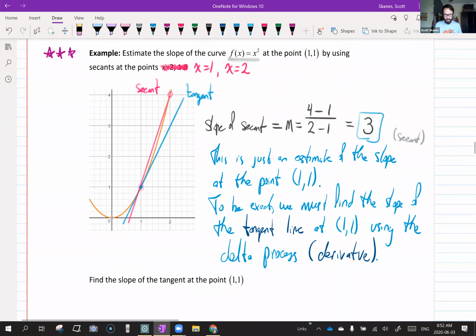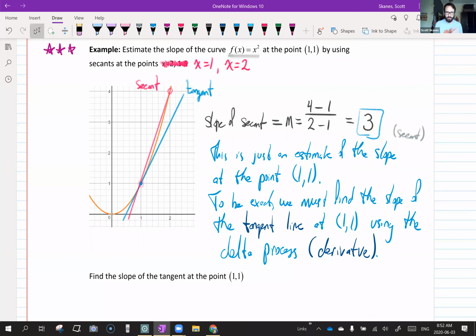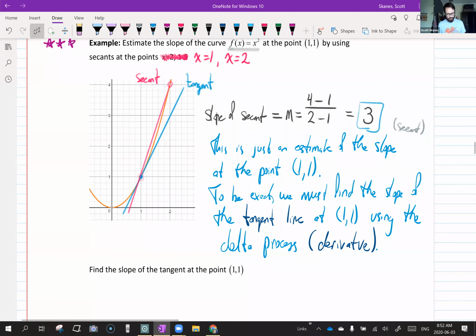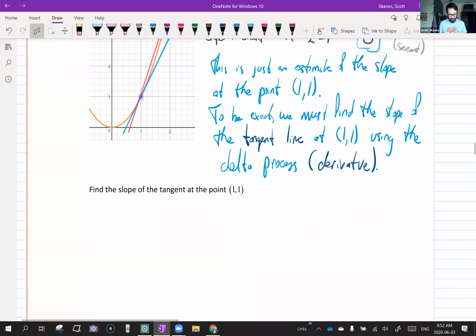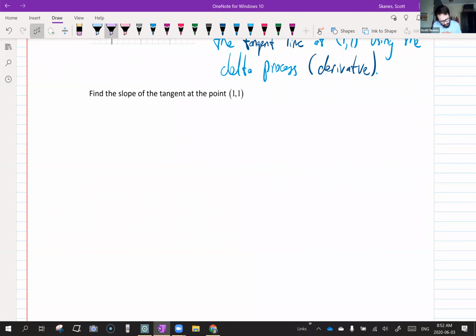Do you need any more time to write that down, or you can check it later on the video maybe? Just going to move on. Find the slope of the tangent at the point 1, 1. If it says the slope of the tangent, you need to use the delta process. Believe it or not, you'll probably actually enjoy this method. It's not hard.